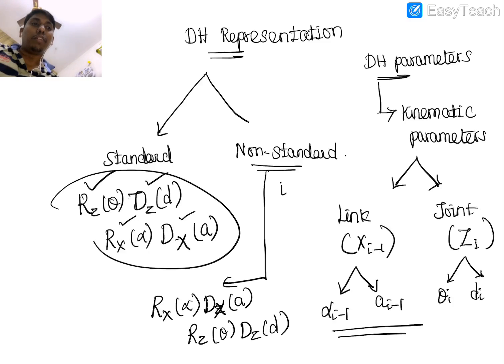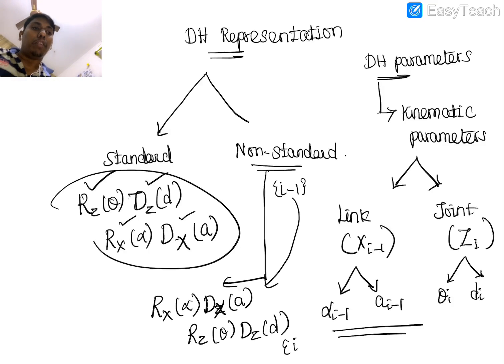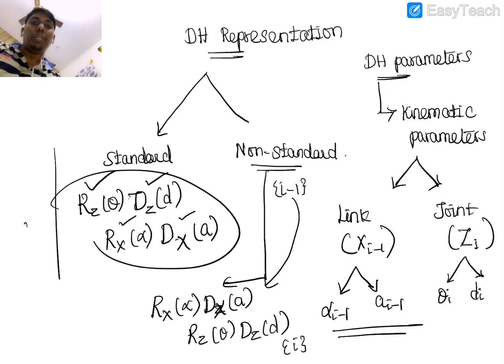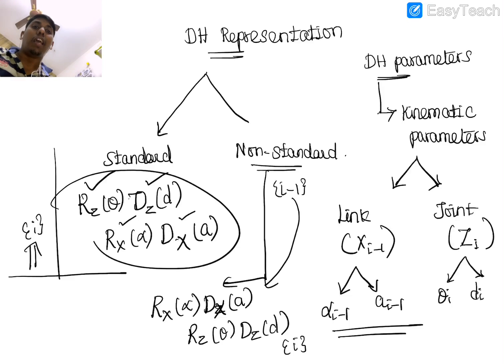Because there are two frames we are using: the link parameters are in the frame i-1 and the joint parameters are in the frame i. Whereas in the standard form, all the parameters are represented with respect to i, but are realized with the help of frames i-1 and i. That is the idea.